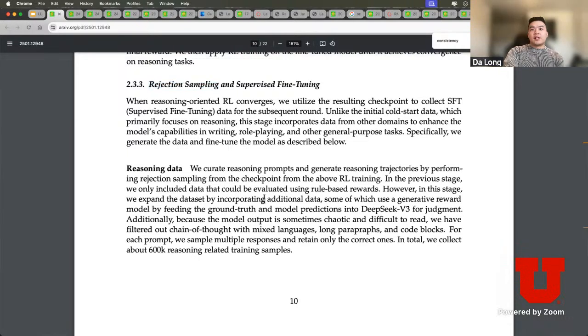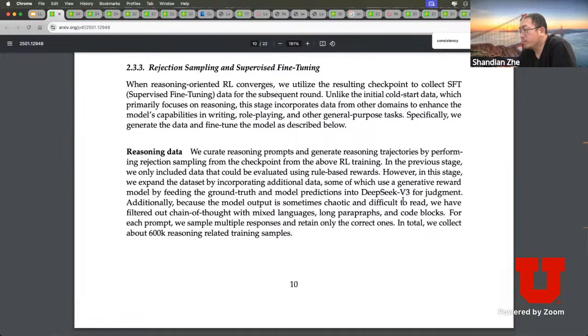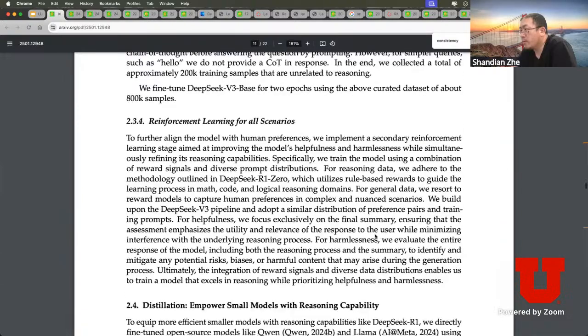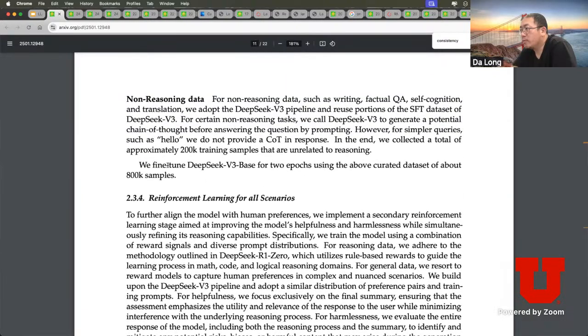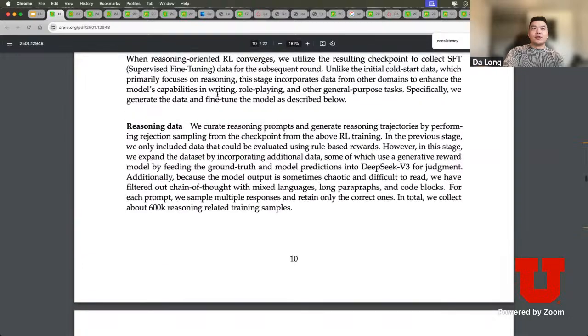They sample a lot of answers and then collect the best one. Also they noted that they feed the ground truth and the model prediction into DeepSeek V3 for judgment. Okay. Maybe it's a mix of human and DeepSeek V3. Yeah. Anyways, they get another DeepSeek V3 and fine tune it on that kind of data. It's not based on the previous model.